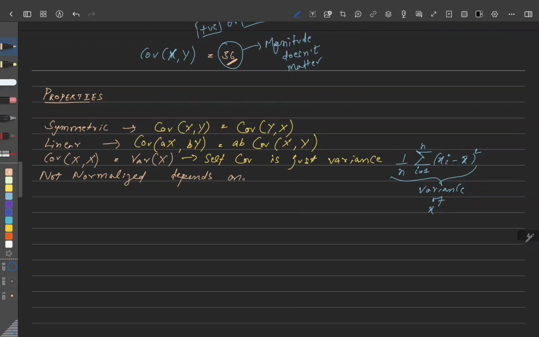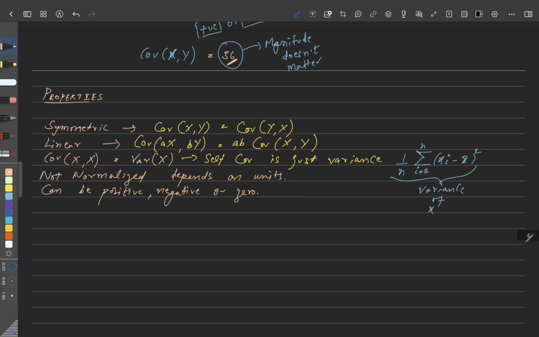It can be positive, negative, or zero. We already discussed this.